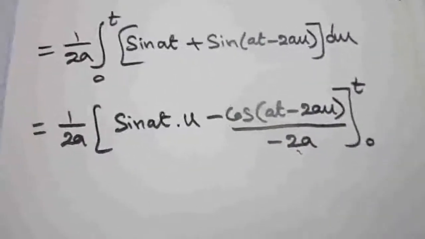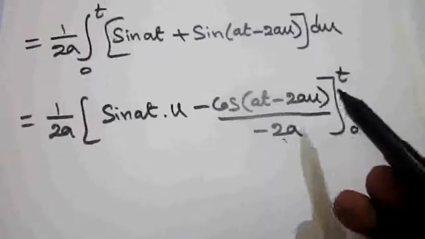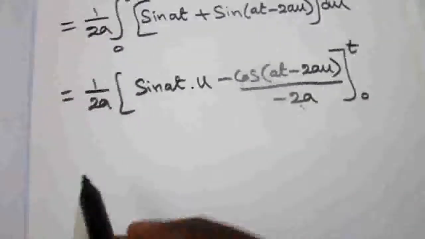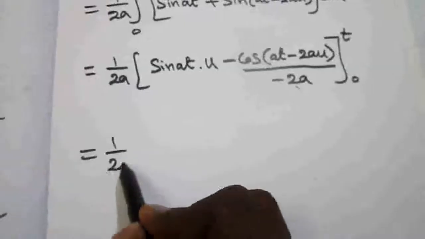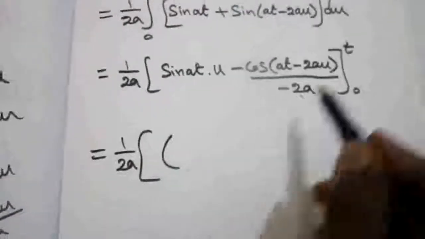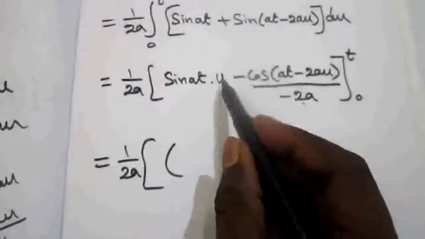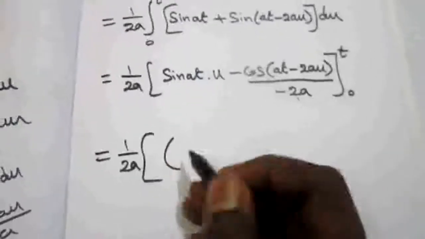Now I am going to put in the limits. The limit is only for u, wherever it appears. First substitute the upper limit t: t into sin at, taking t in front.